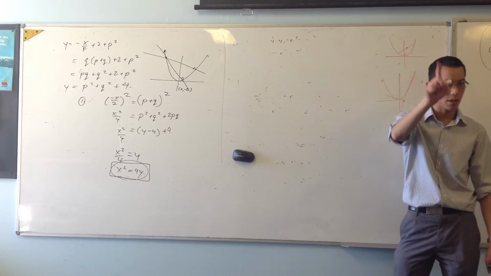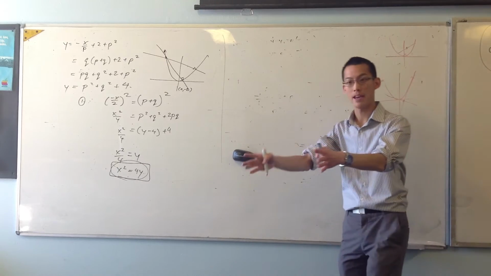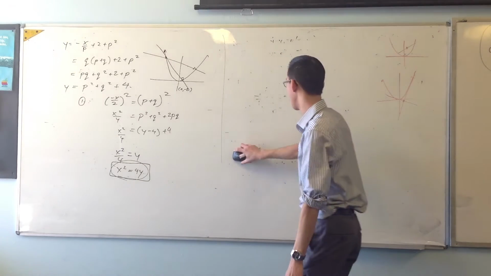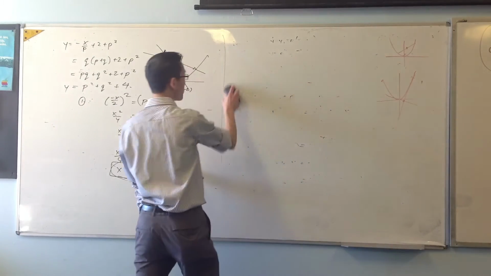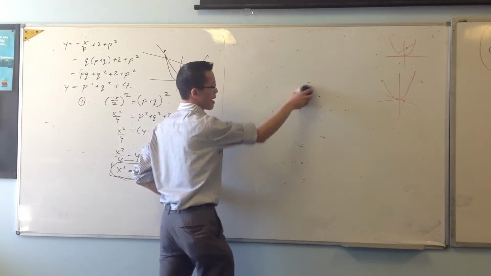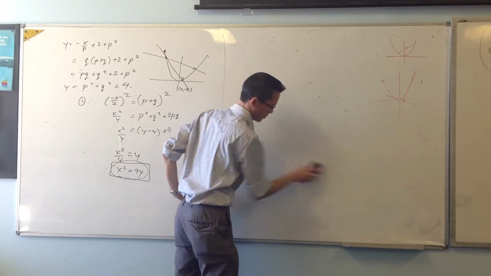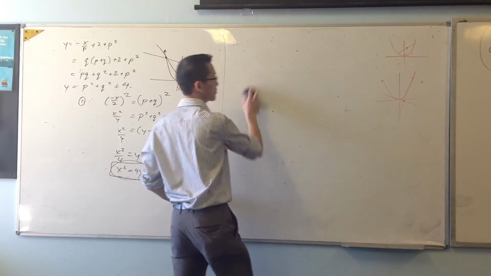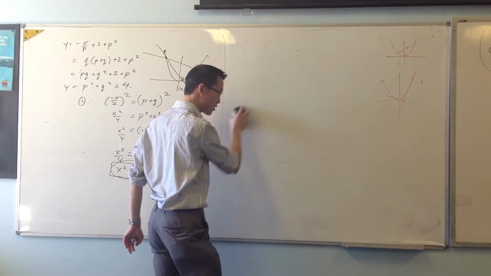I want you to draw for yourself 3 parabolas on your page next to each other in a row. If you've got a template, bonus points. Draw up 3 parabolas and let's illustrate something. It's still the same question.